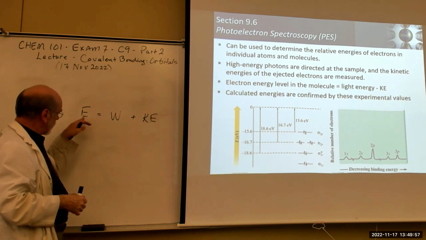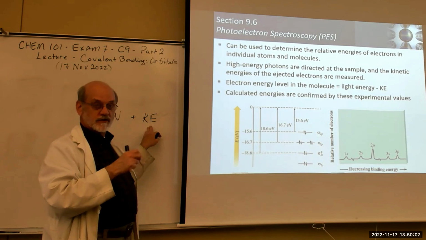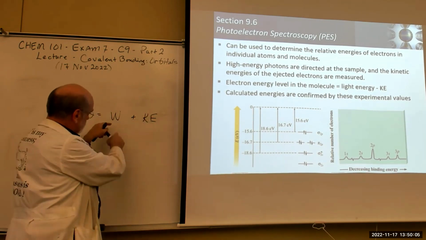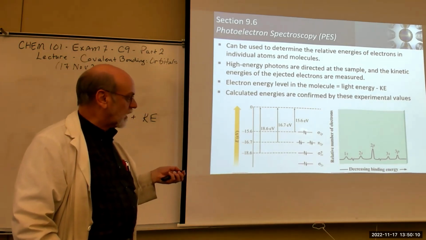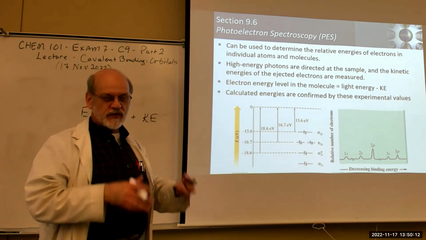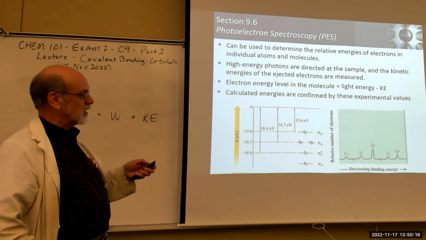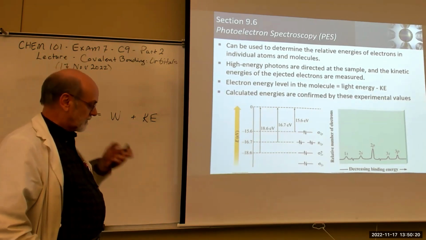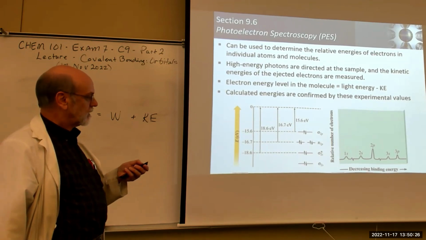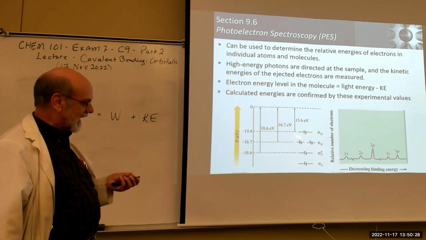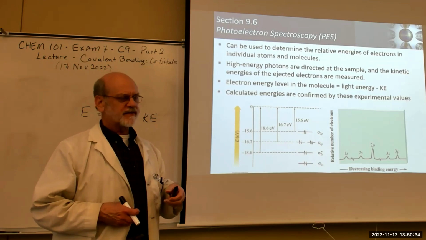So we know the energy of the photon we're firing at it. We can measure the kinetic energy of the electrons as they exit. And the difference is that work function. That tells us the energy of where the electron came from. And we use that information to confirm that the calculated energies and the experimental values, using the molecular orbital theory, agree, confirming that we can calculate those energies and verify them experimentally. So this is something that the valence bond theory could not do.